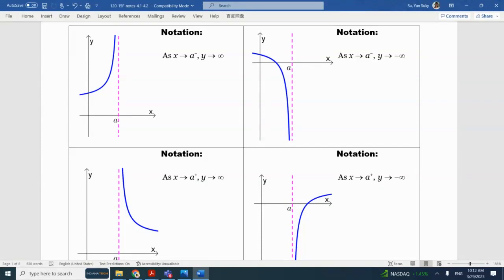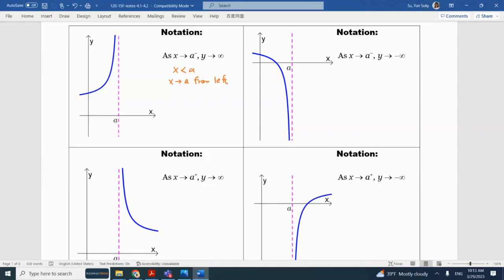When you're approaching from the left, the notation is x goes to A from the left. Left side is negative, so A negative means x is less than A. That is what A to the negative means: x approaching A from the left.